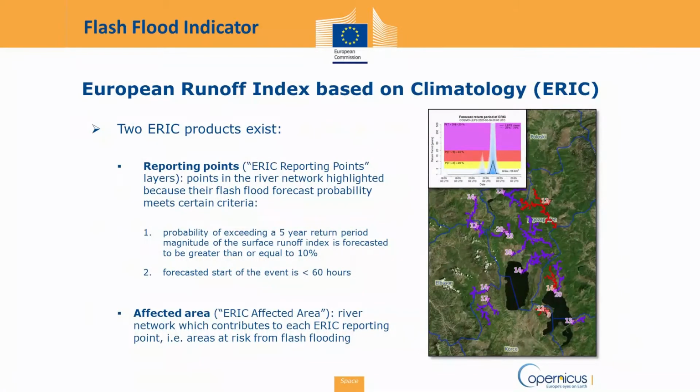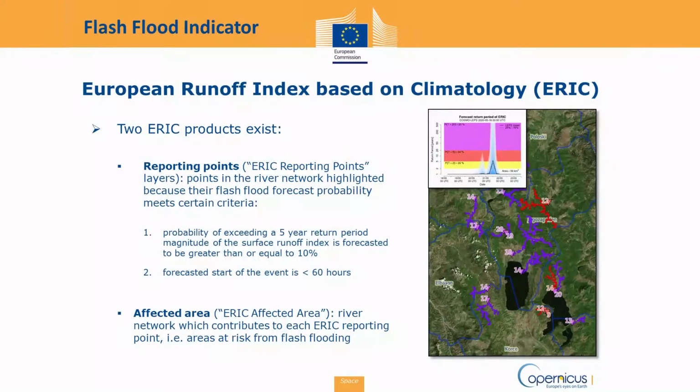If we have a look at what you can see if you log in to the EFAS interface, these layers are available under the flash flood layers, there are 2 ERIC products. We're focusing here on the ERIC products. The first is the reporting points, which is called ERIC reporting points, and these are points in the river network which are highlighted because their flash flood forecast probability meets 2 criteria.